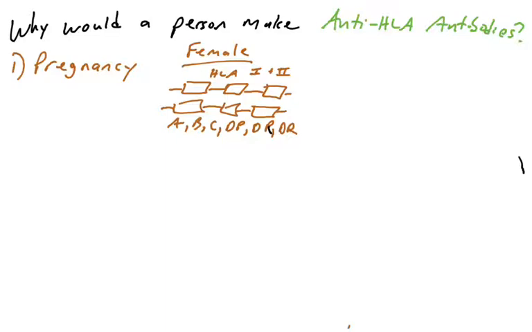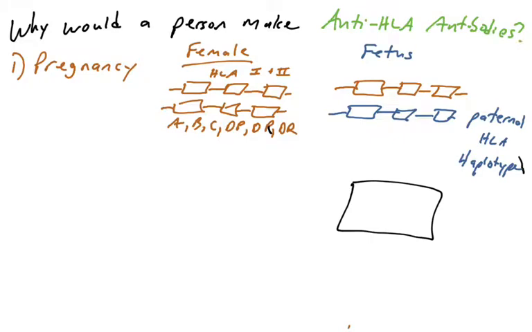In the last slide, we only drew 1 chromosome. So if and when a female gets pregnant, her fetus is going to inherit one of her chromosomes with her HLAs, but also the parental HLAs. So I've drawn that there in blue. That's the paternal HLA haplotype. So the fetus's cells will have both the maternal HLAs and the paternal HLAs.